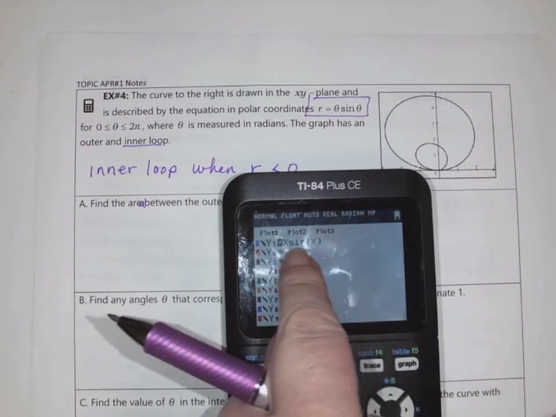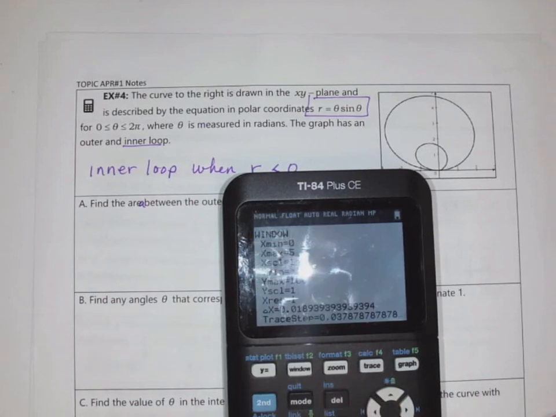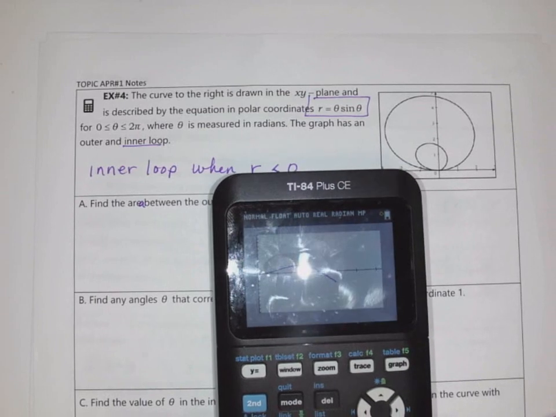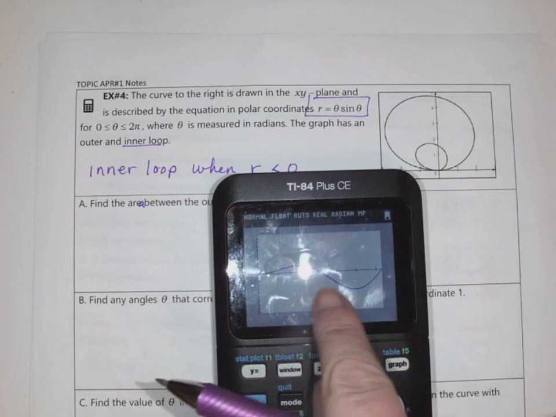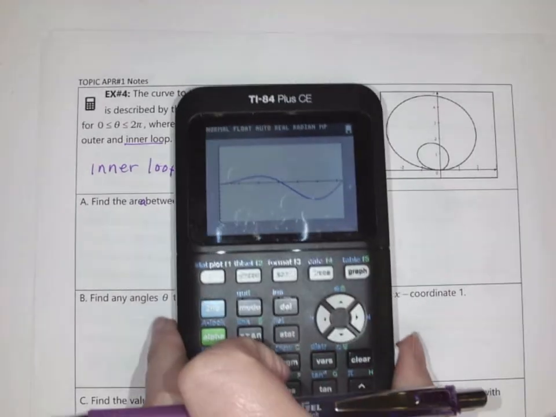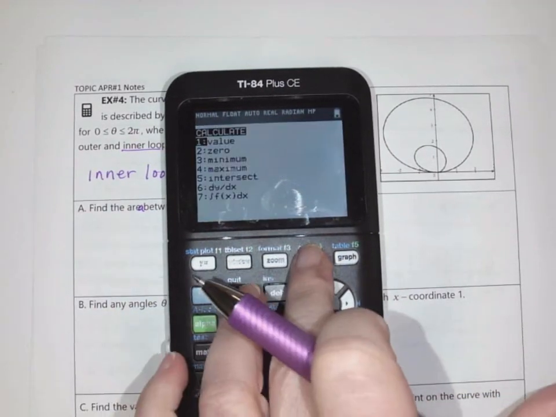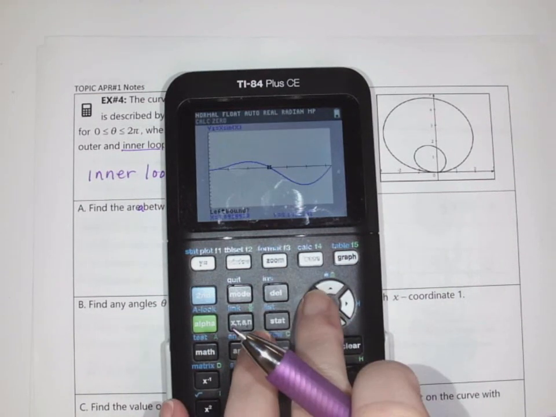This is representative of our radius. If we graph this from 0 to 2 pi, and let's just do negative 10 to 10, we're looking for where our radius is negative, which is this piece right here. So I need to figure out the zeros there.